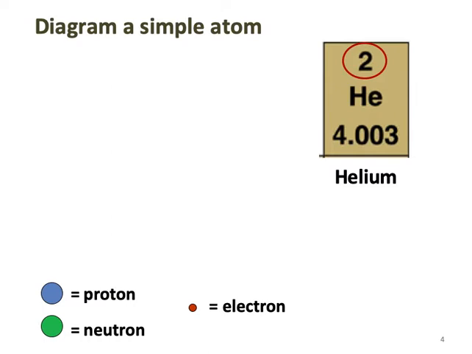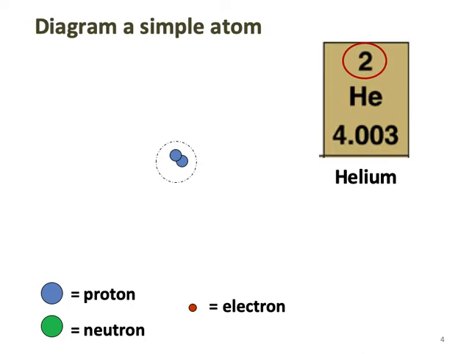That's called the atomic number. Every atom of helium has an atomic number of 2, and that means that every atom of helium has 2 protons in its nucleus. So the atomic number equals the number of protons in that atom. So let's put an atomic nucleus here and add 2 protons.